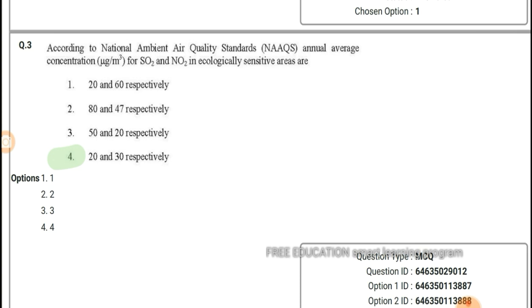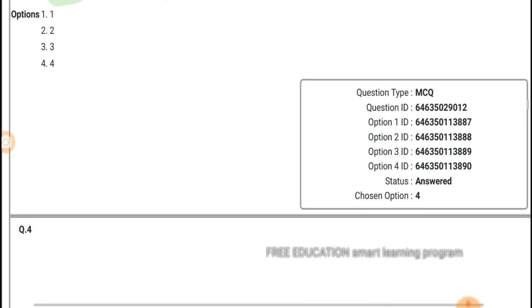For what? The National Ambient Air Quality Standards for which regions? In ecologically sensitive regions, it should be 20 and 30 for SO2 and NO2 respectively. So our right answer is 4.